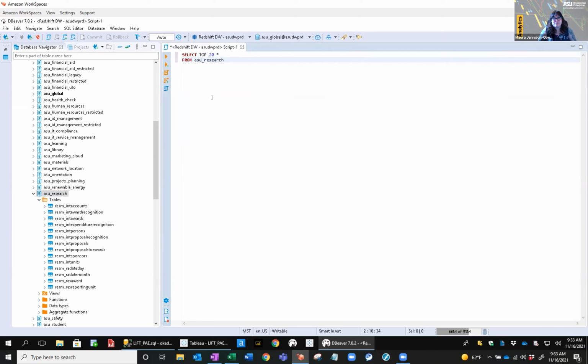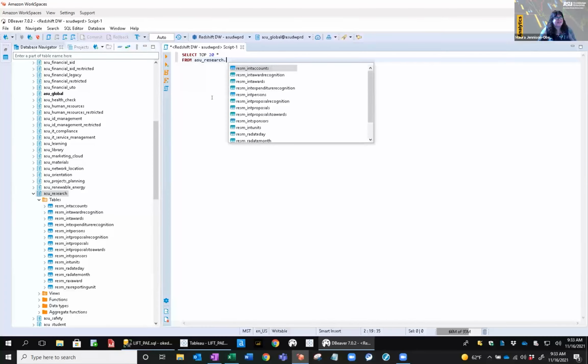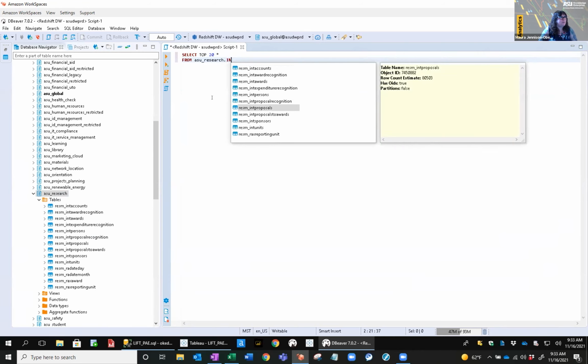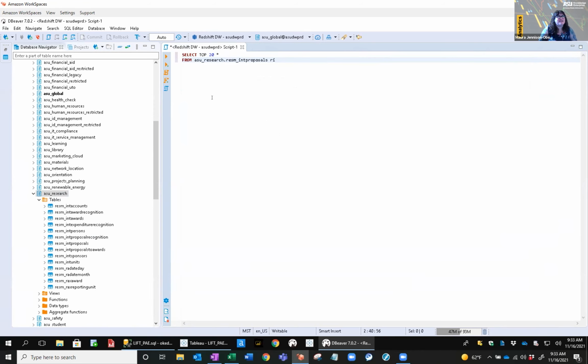In DBeaver, to select something from the list here, it's an enter. I'm so used to tabbing everything, so I have to reteach myself that. So int proposals, there it is. Proposals, enter. You'll see that it auto aliases. You can leave that if you want. You can delete it, whatever you want to do there.